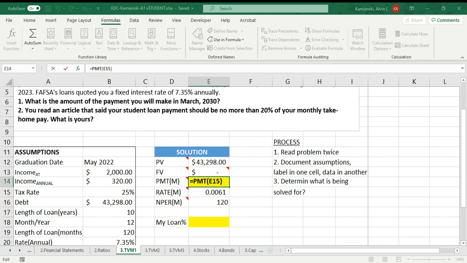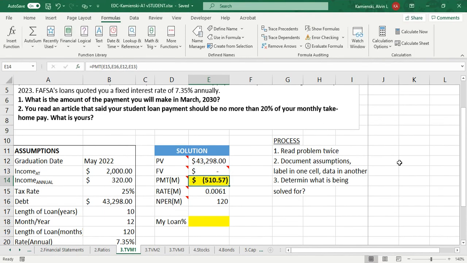N per is the total number of payments, in this case, 120. PV, it says, is the present value of what the total amount of that series is worth right now. The PV, the loan, is right here. The future value would be something in the future, or 0 if omitted. We've got a 0 typed in there. And now we can click OK.